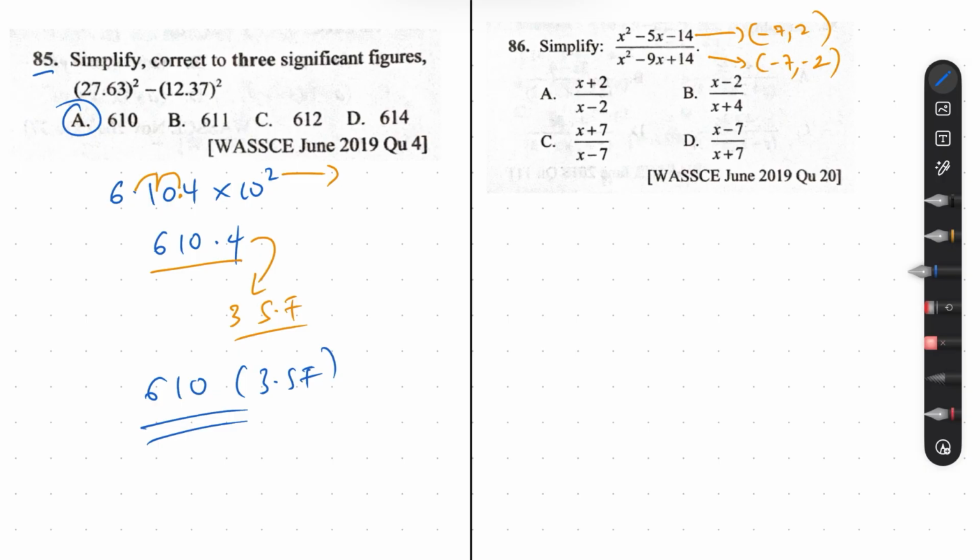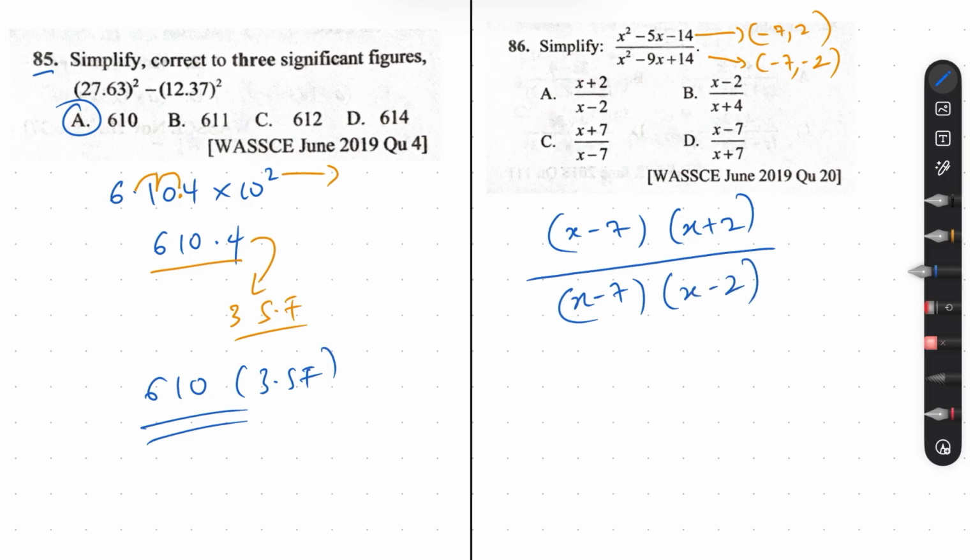We have x minus 7 multiplying x plus 2 for our numerator, and at the bottom, you have x minus 7 and then x minus 2. What can cancel out? x minus 7 can cancel x minus 7, and we'll be left with x plus 2 over x minus 2. So that is our answer, which is A.